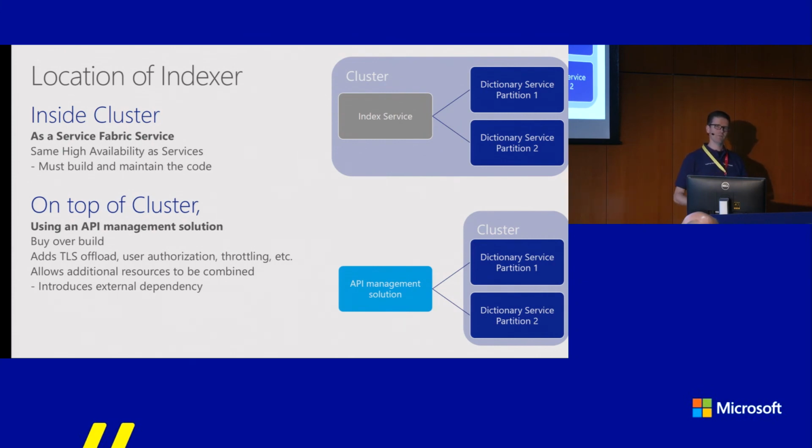So you get a whole bunch of stuff for free. The downside here is that because the API management solution lives outside the cluster, you will lower your overall availability, because both systems need to be alive for your whole product to work.